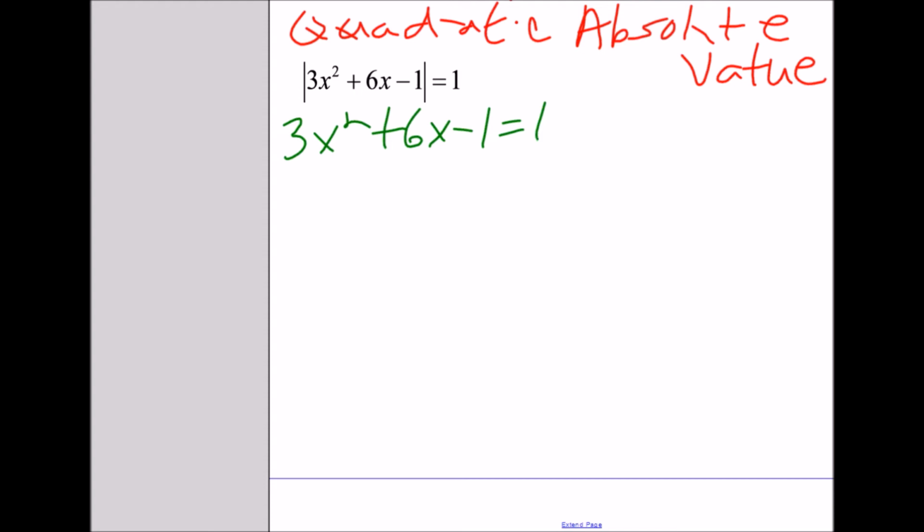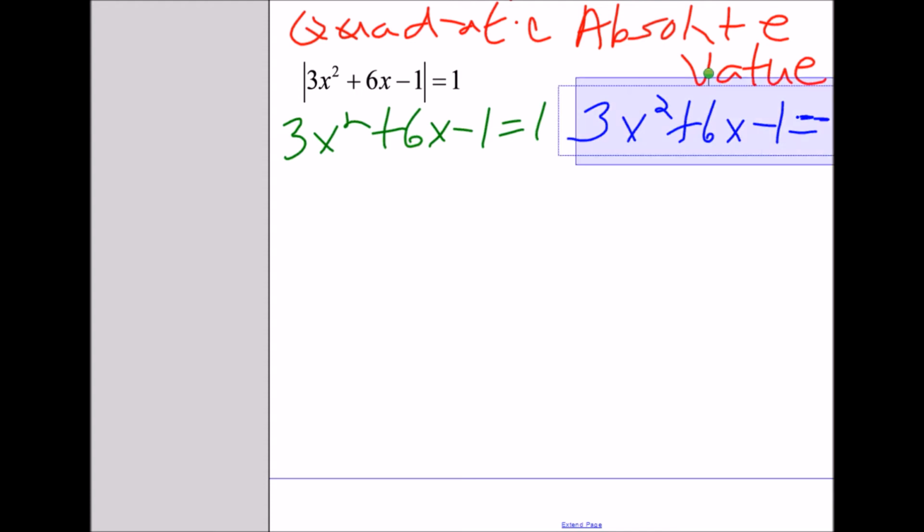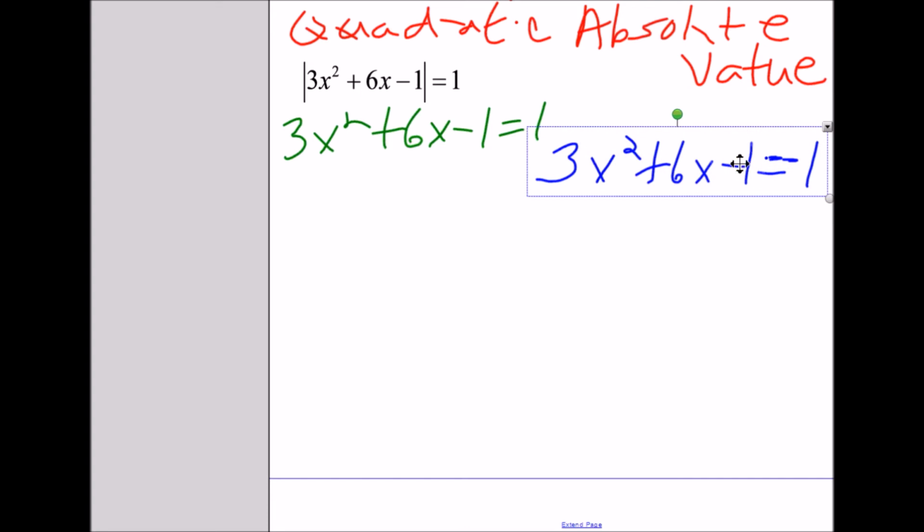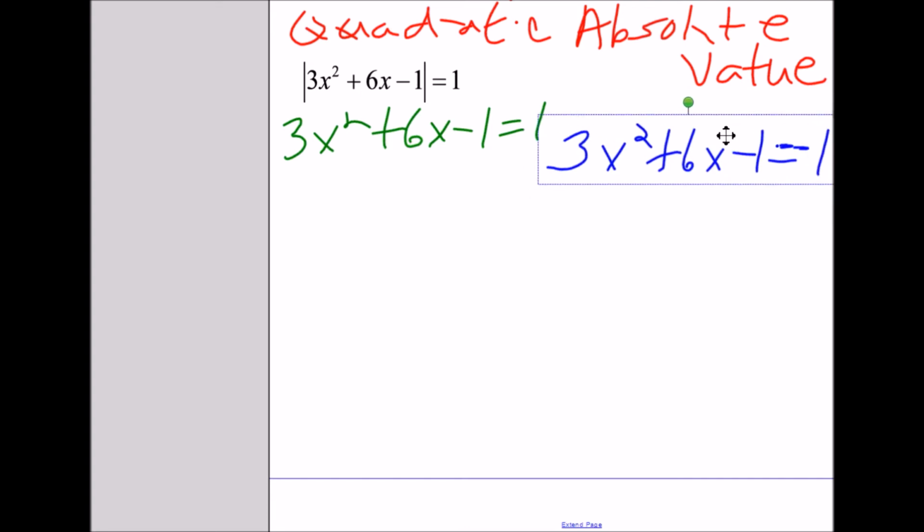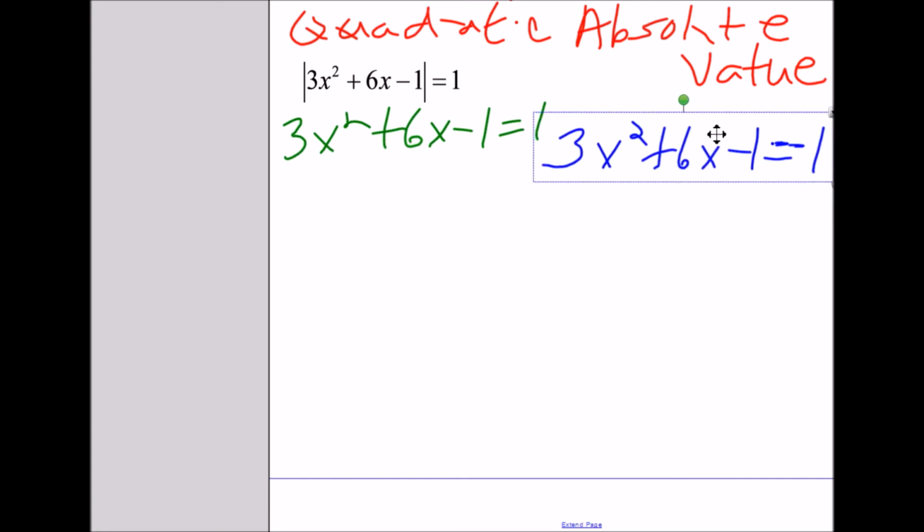And then in blue, I'll do it again. Okay, that's a negative one. I'll make sure that's clear.